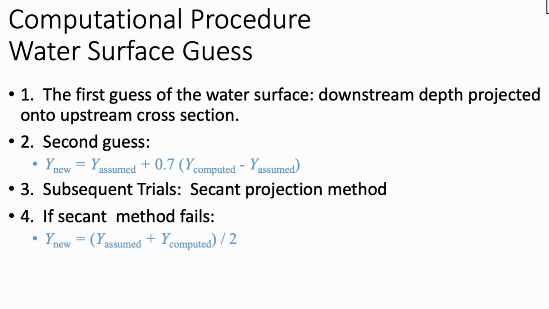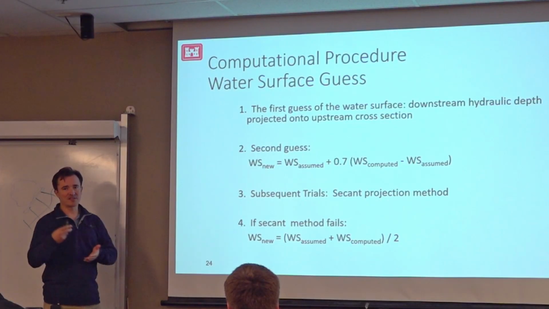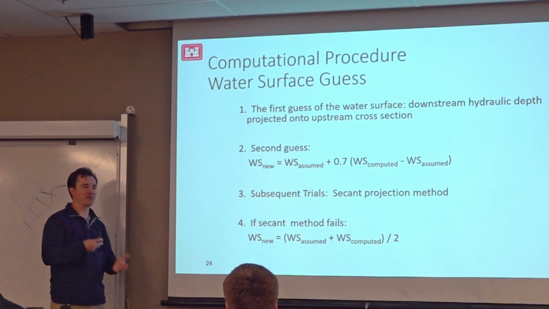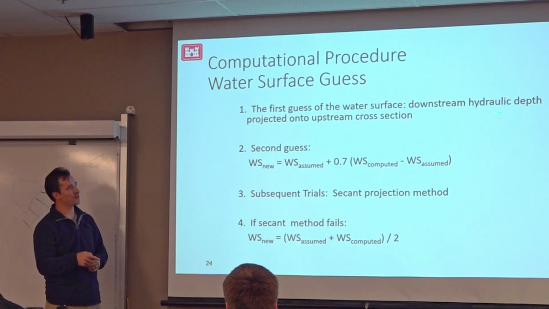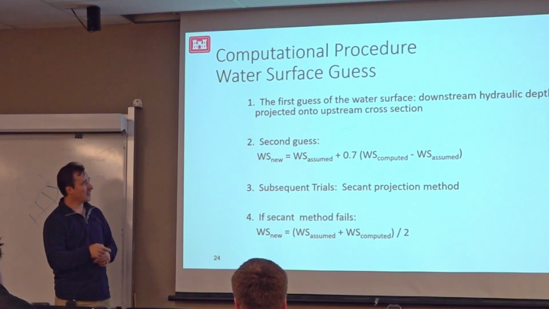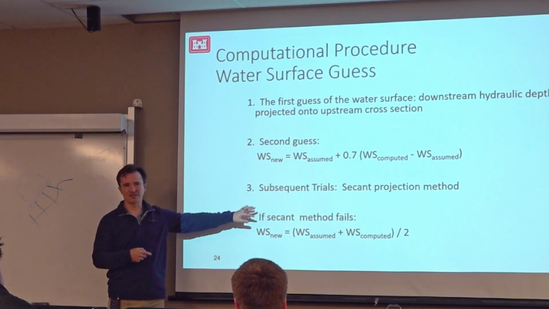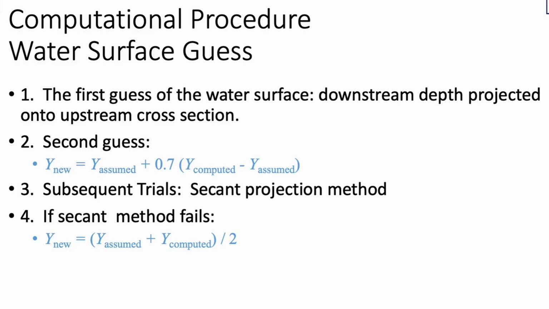Each time it guesses a water surface, so that first step of the previous slide, this is how it does it. The first time it says, okay, I'm just going to assume my depth is constant going upstream, and it projects the water surface upstream. The second guess is done this way, and then after that it does the secant method. So it uses the errors of previous iterations to kind of predict what a better water surface guess is going to be.